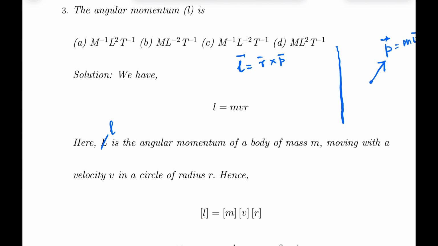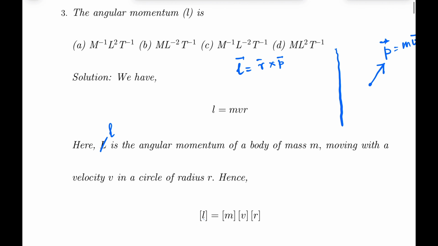Here r is the distance of this particle from this axis. Distance means the perpendicular distance. This is the distance r, and this is the momentum of the particle p. Then the moment of momentum is angular momentum, and this is given by r cross p.